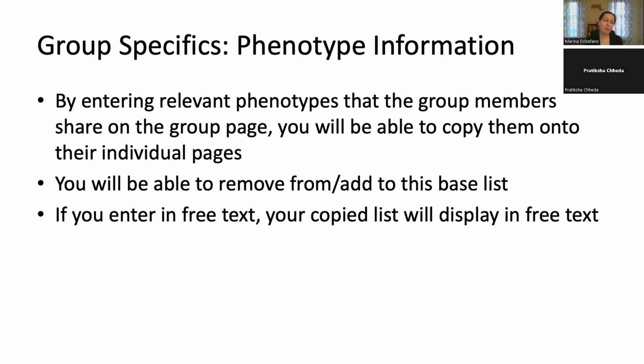But it's helpful to add every single phenotypic feature that's possible within that paper to the group level so that you can pick and choose for each proband, because there might be probands that have all of those features. So it saves you time to add them all at the group level and then just be able to copy them. If you enter free text, that also gets copied to the individual level if you hit the copy button. So it's a convenient feature of the group.